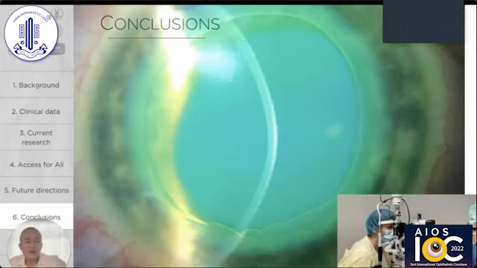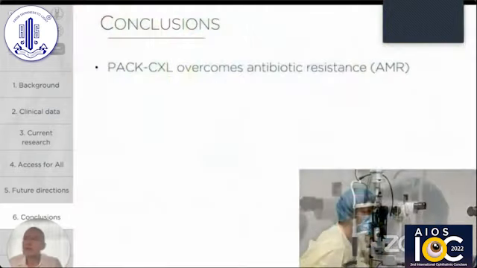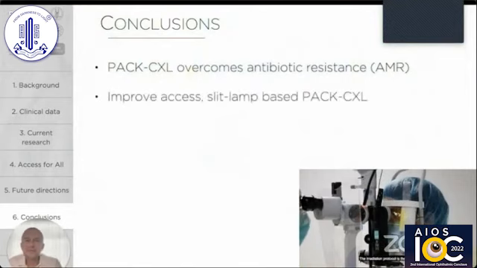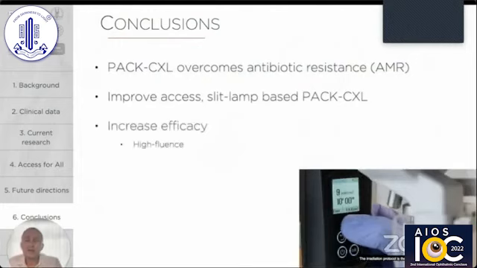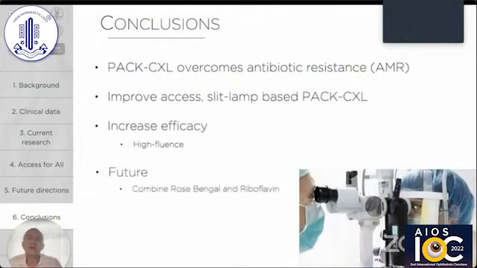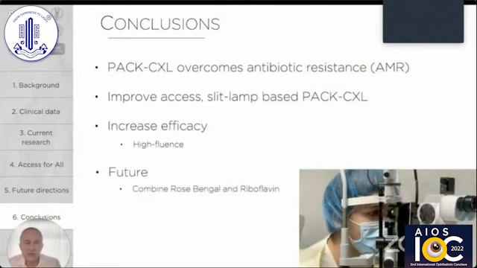Remember you have to massively increase the fluence to increase efficacy. We have improved the access using slit lamp-based cross-linking. We improved the efficacy using high fluence, and the future will probably also see combinations of chromophores. So very exciting outlook for the future.